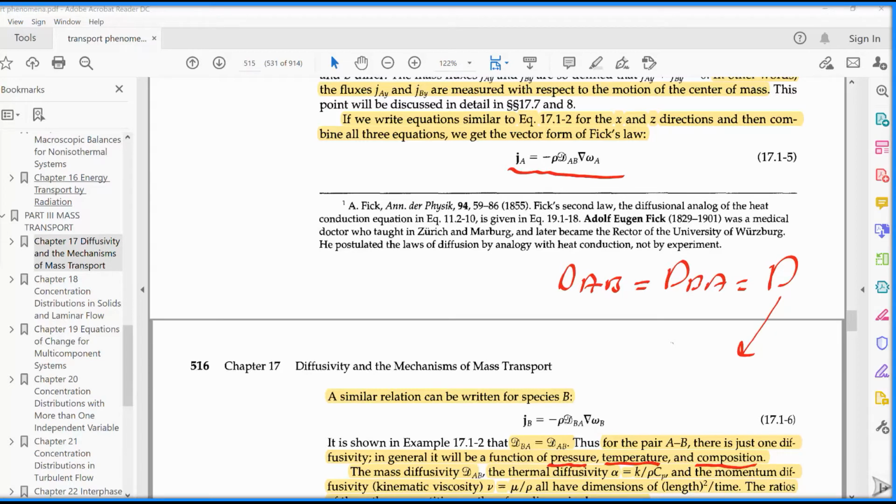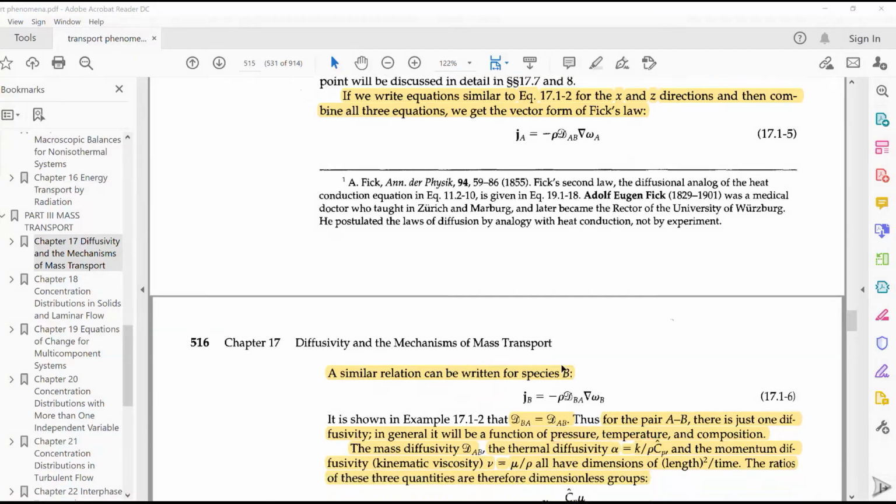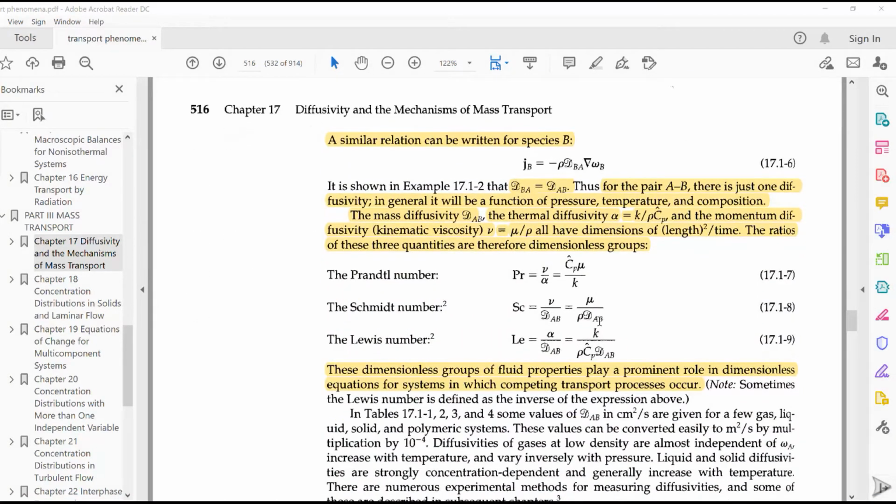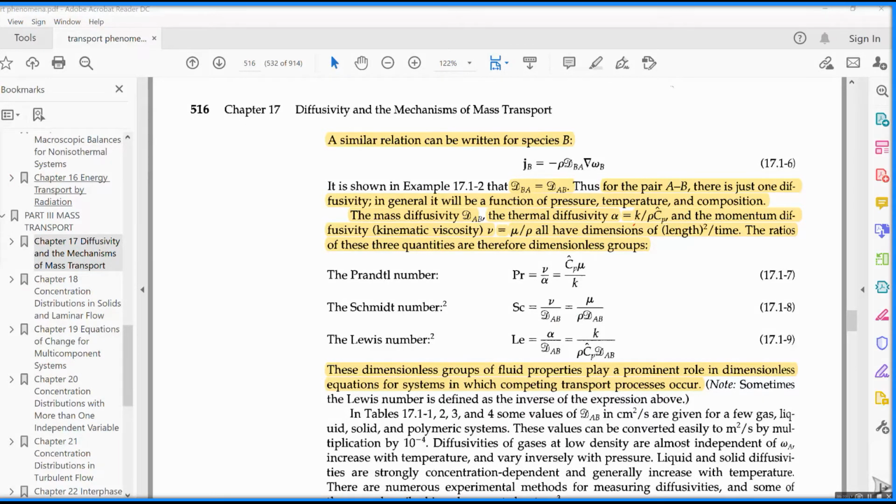Just to continue our discussion, if you remember before, in the momentum part and the energy part, we defined thermal diffusivity alpha as K over rho Cp. K here is conductivity, rho is density, and Cp is the constant pressure heat capacity.